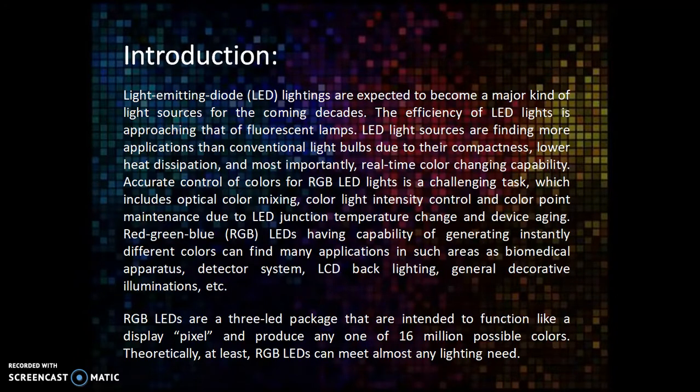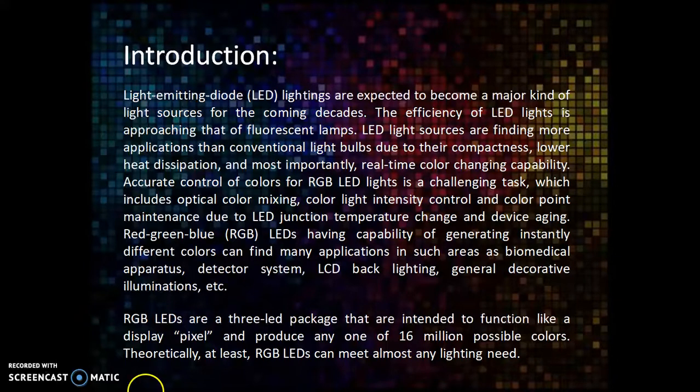And coming to the introduction, as you can see, LEDs are becoming most used and they are used in different applications, and RGB LEDs are highly effective in most cases, and hence they are used throughout.